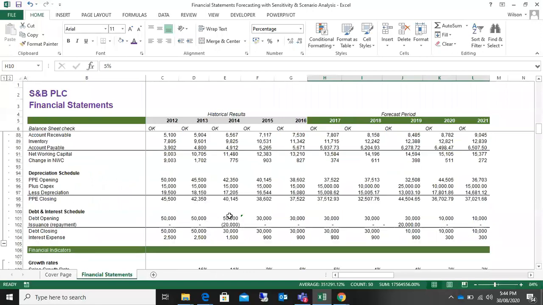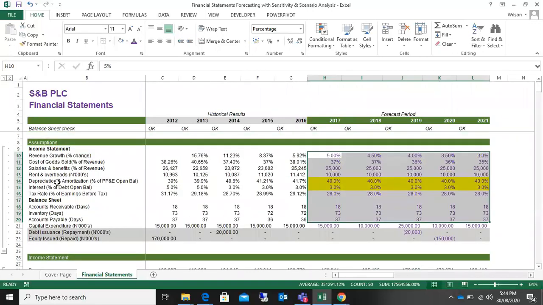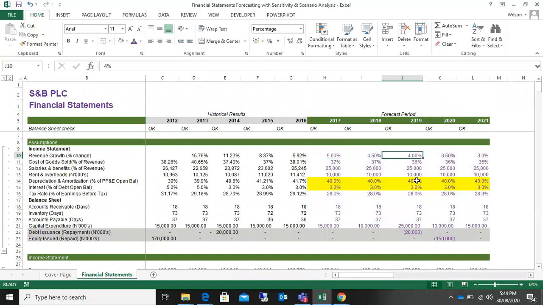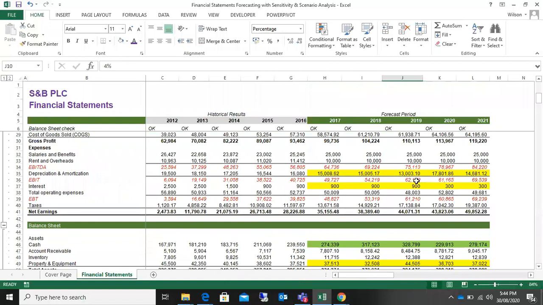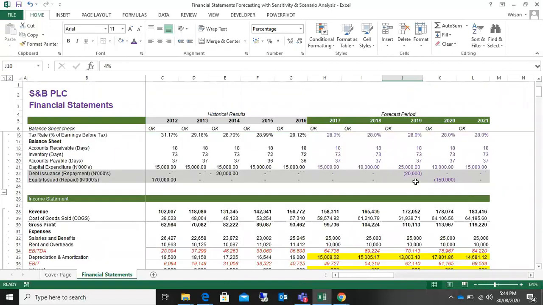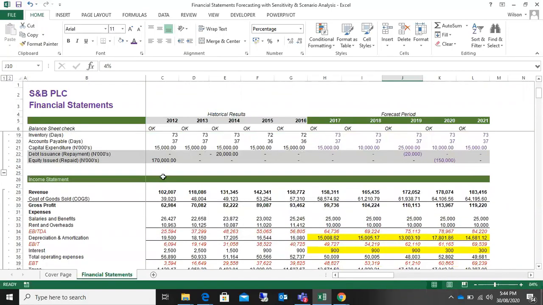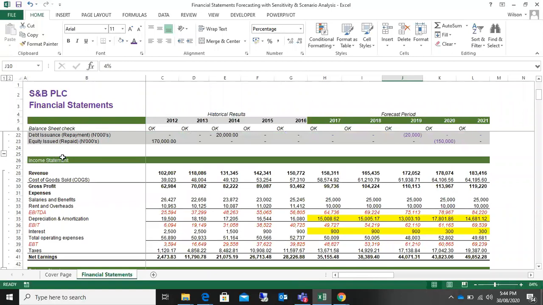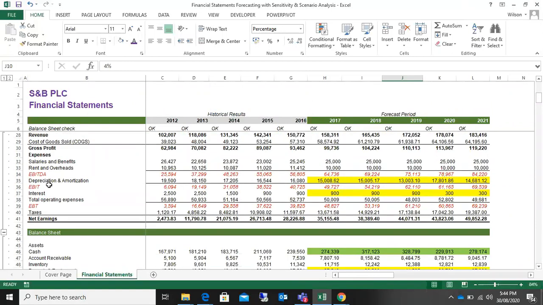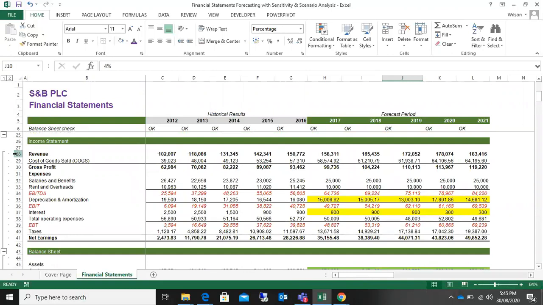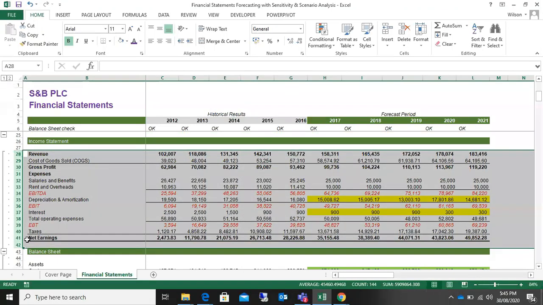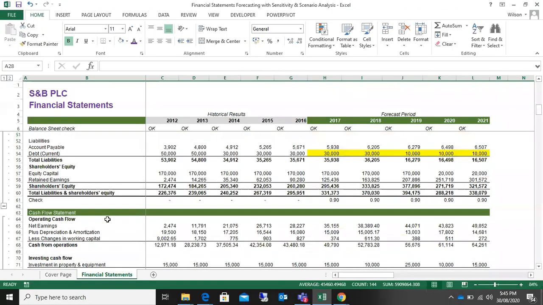So if you are in a management meeting making a presentation, as you change these numbers, please ensure you note the effect. That's why it is good to group. Last time I showed you how to group. It's very important. If you don't understand anything, tell me.